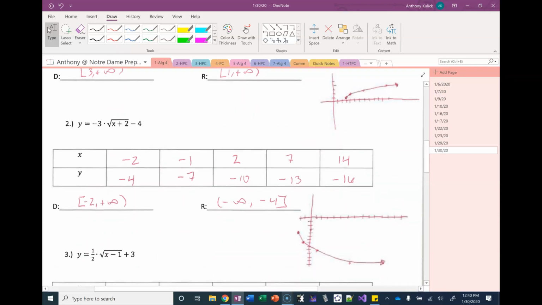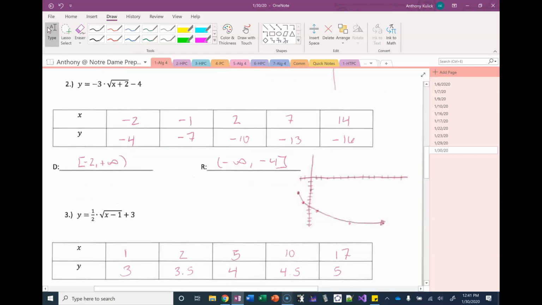So let's look at 2. Okay, let's go on to 3.